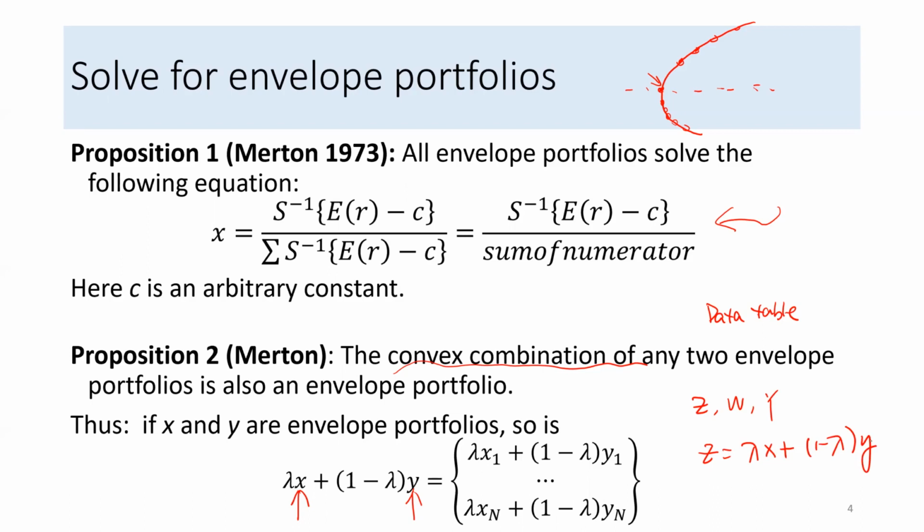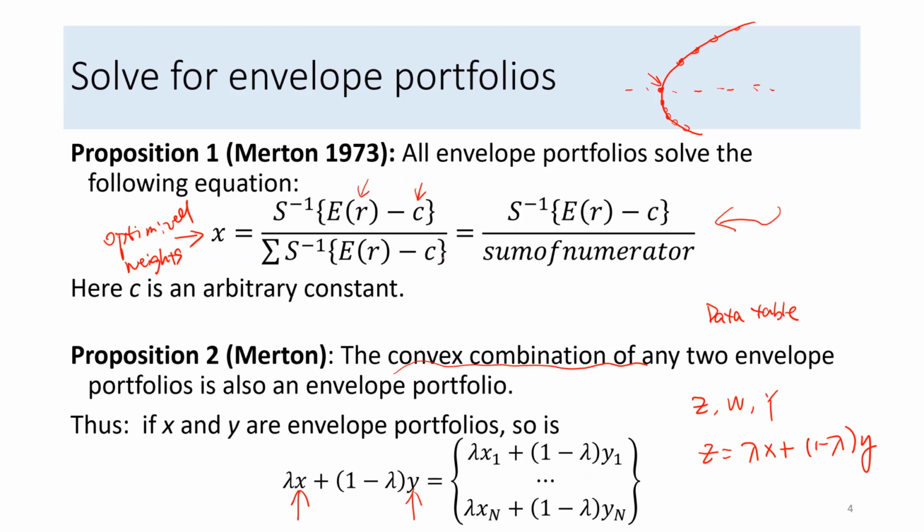So going back to proposition 1, this gives us a solution. The X solved by the formula here is the optimized weight. We'll have a numerator, the inverse of S times the average return of the assets and some given constant.